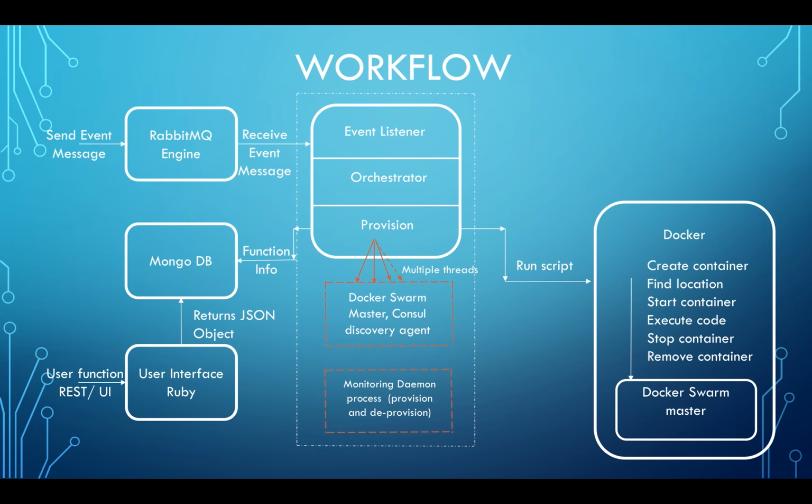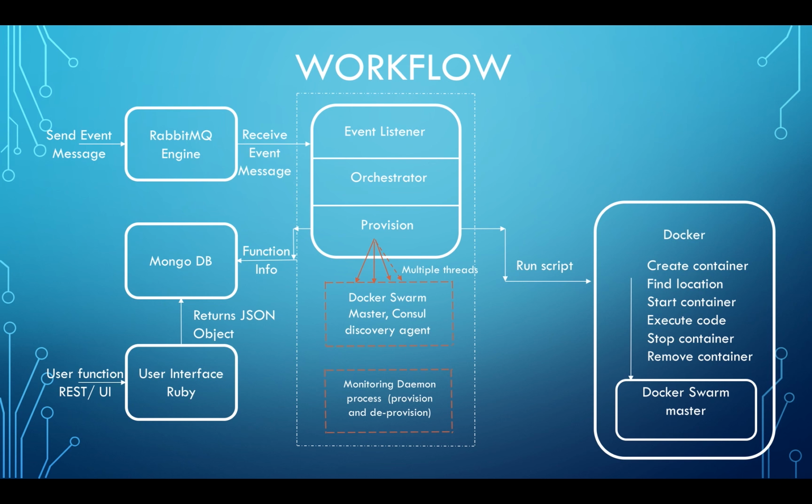This is the whole workflow of the Lambda service, wherein you can see there are two interfaces, one on the top left where it receives the event, and one on the bottom left where a user can upload their function using a REST API. Initially, the user uploads the function using a REST API, and that gets stored in a MongoDB.